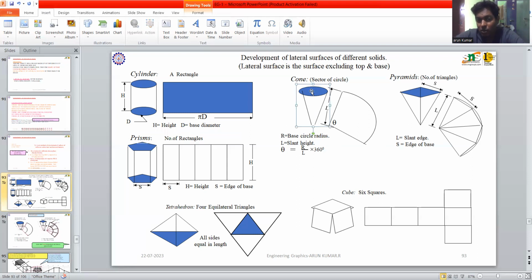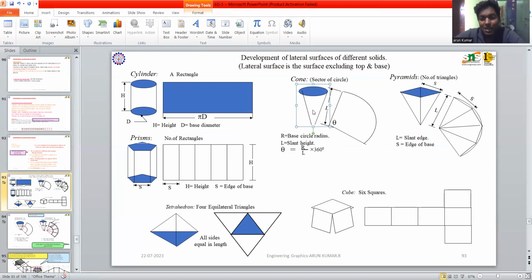If I take a square pyramid, it has four sides, so I divide it into four triangle shapes. I cut the arc with a compass as a curved line. After joining all the points toward the center, that is the development of the square pyramid.